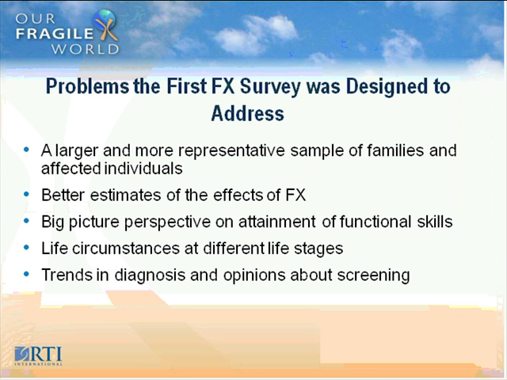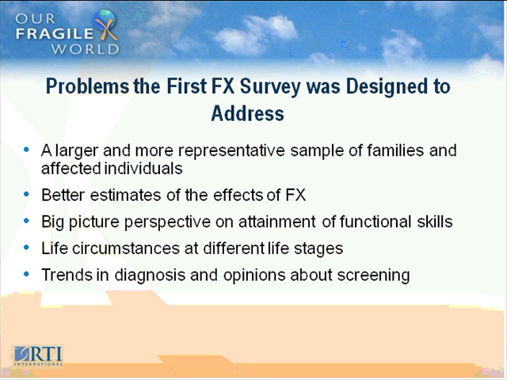As most of you probably know, we did a first Fragile X survey a few years ago. This survey was really done because most studies in Fragile X had only included 50 or 60 or maybe 70 kids or families, and people were wondering whether those studies were representative of all people with Fragile X. So we wanted a larger and ideally more representative sample of families and affected individuals, and a better picture of the effects of Fragile X. We wanted to look at functional skill attainment.